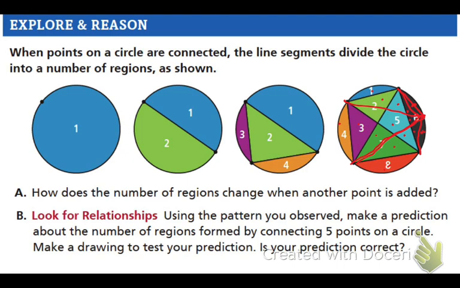That's what I counted. So I have 1, 2, 4, 8, 16. It's times by 2 every time there's another point. So if I put 6 points, we get 32.